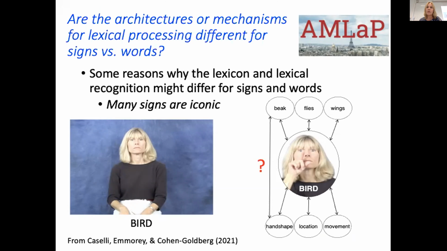So one question is whether this iconicity changes the architecture of the lexicon, perhaps by having direct links between sublexical representations and semantic features. Do we see effects of iconicity that would suggest this difference in the architecture of the lexicon for sign compared to spoken languages?